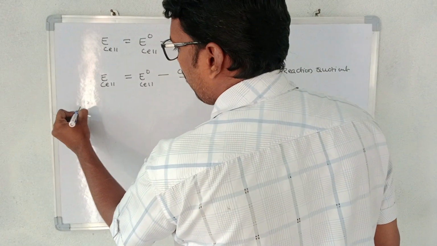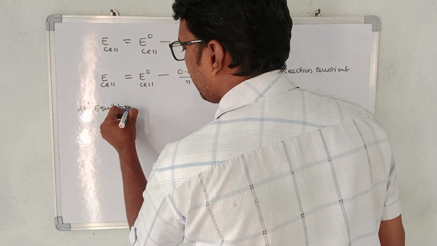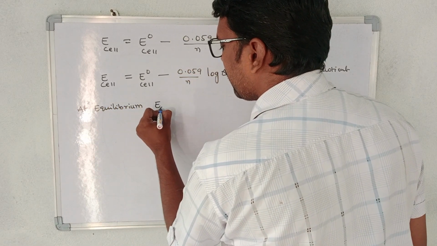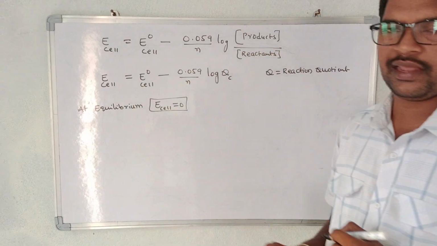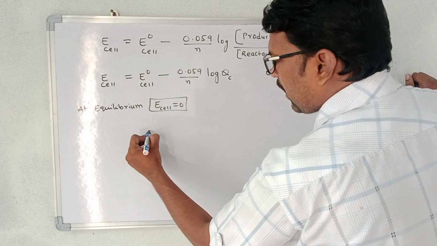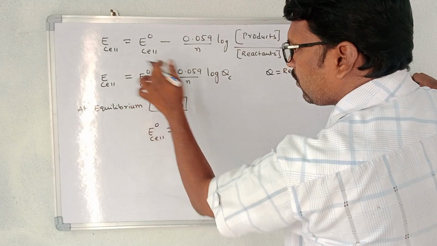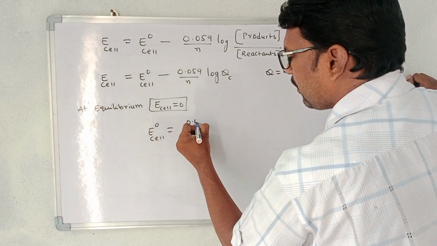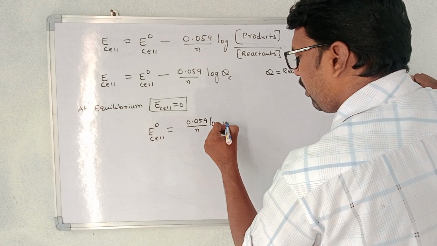And if you take equilibrium condition, at equilibrium the E cell value can be taken as 0. That means the electrode potential is 0. So we write this side, then E naught cell is remaining, so E naught cell is equal to, minus changes into plus, 0.059 by n log Kc.